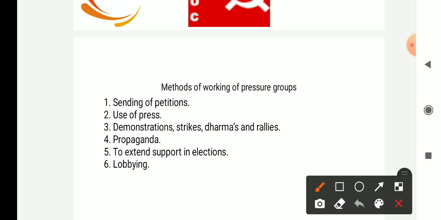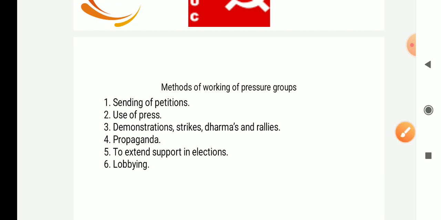So lobbying is another method of putting pressure, or method of working of pressure groups. So these are the main methods of the working of pressure groups.